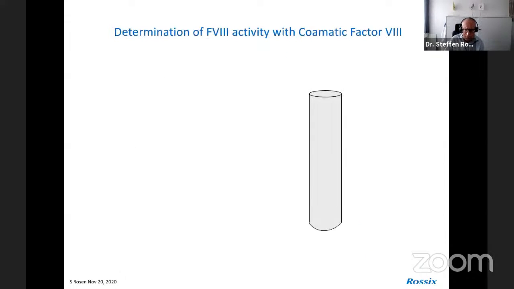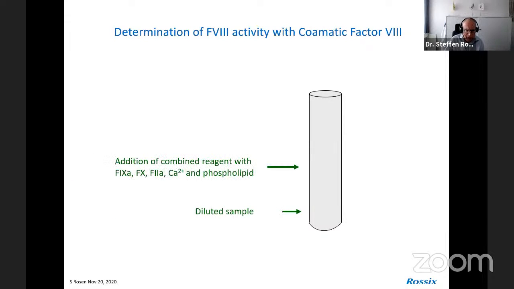So the procedure with the chromatic is very easy. The diluted sample, the combined reagent with all the components necessary to generate factor 10A, and then the addition of the chromogenic substrate after 2 minutes activation when you use a normal range, and you get the release of PNA.